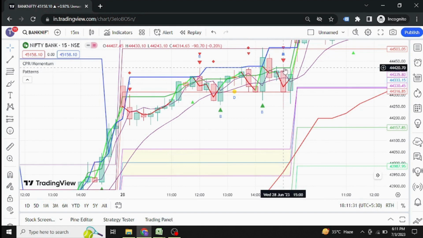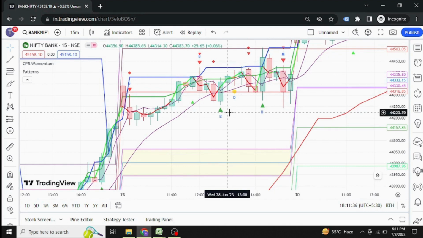So as you practice this, you will be able to understand. See, different people have different styles of trading. So if you put your style of trading into this and check what will benefit you, you can take the benefits from this.